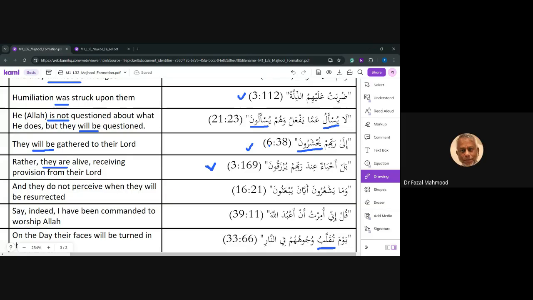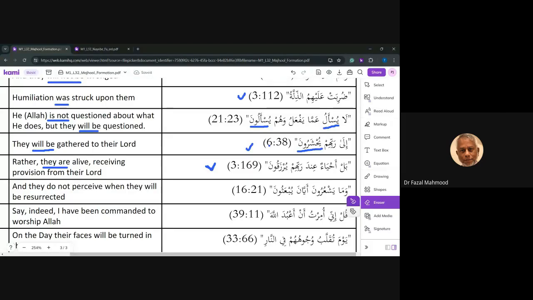This English is slightly off. Rather, they are alive, receiving provision from their Lord. It means in the Rabbihim, they are alive with their Lord. So the translation is not fully correct there, but the main thing is inda Rabbihim.